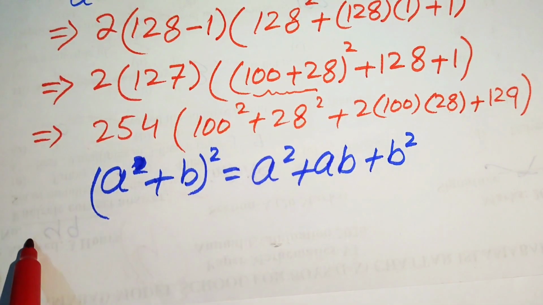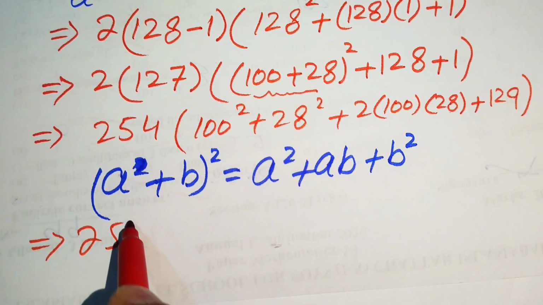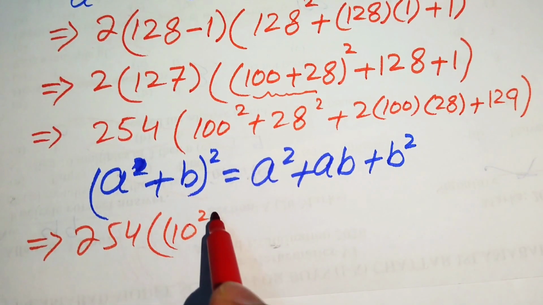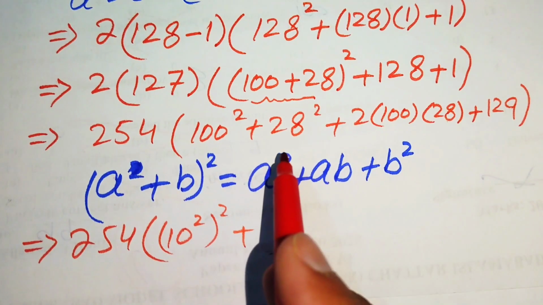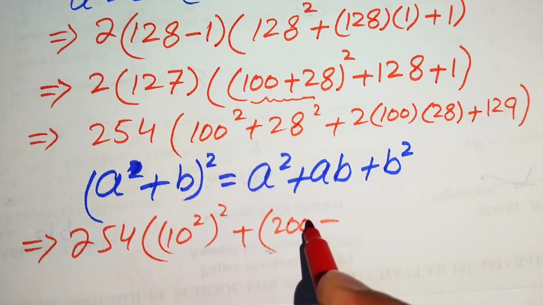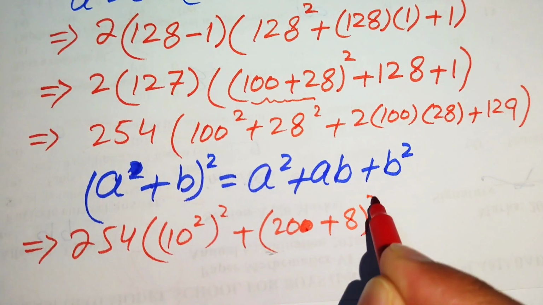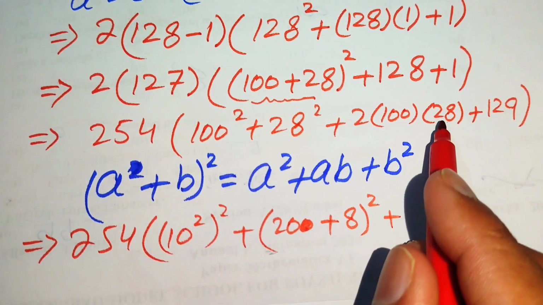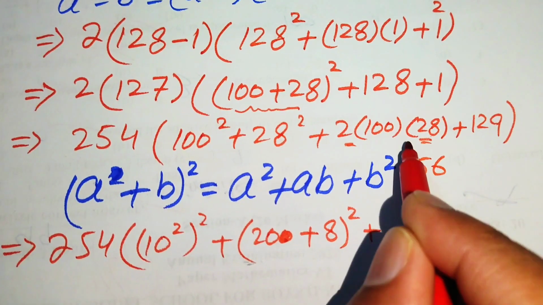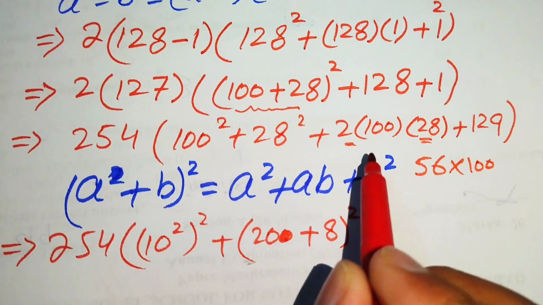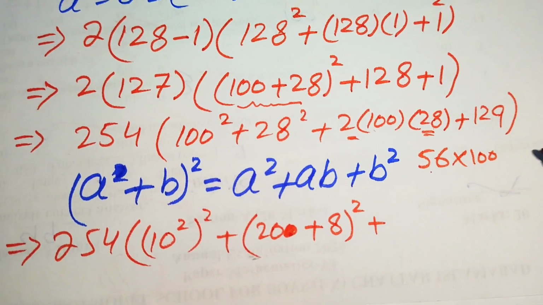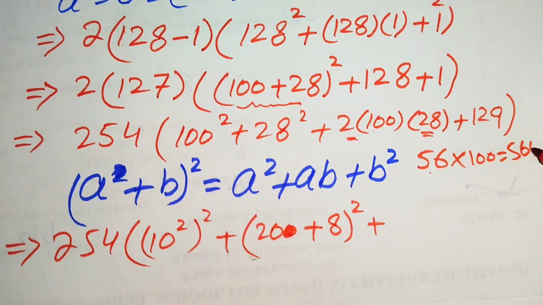So in the next step, we rewrite the above expression as 254 into, we write this 100 as 10 squared and its whole square, plus we know that this is 28 and we write this 28 as (20 plus 8) whole squared, plus here you see that 28 times 2 becomes 56, and 56 multiplied by 100 is equal to 5600.